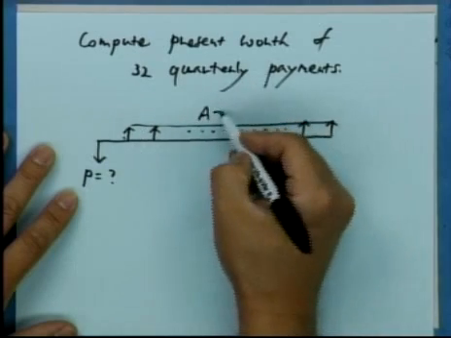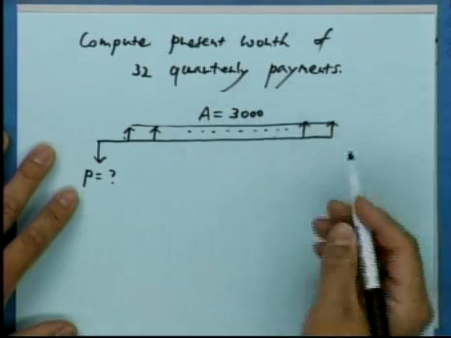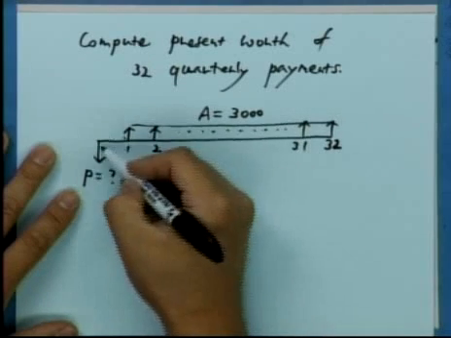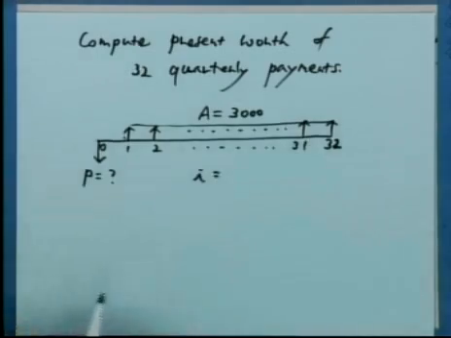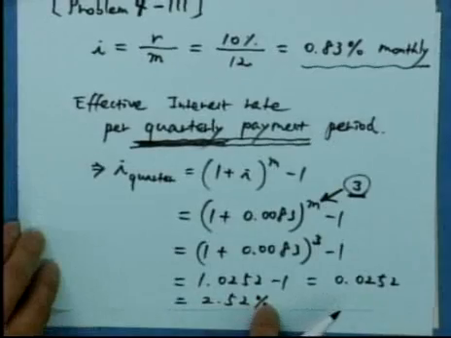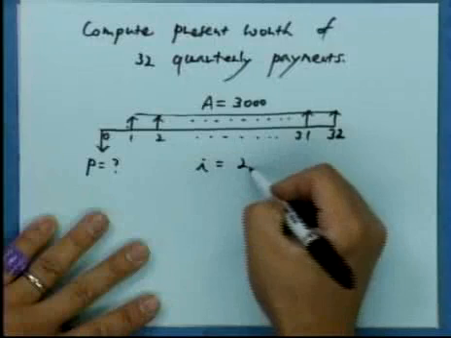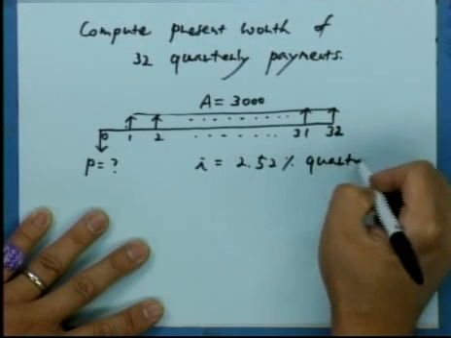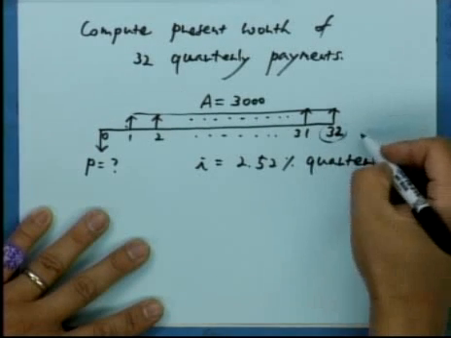Here we have a uniform series of $3,000, right? 0, 1, 2, up to 31, 32. And the interest rate is 2.52%, which we just computed, 2.52% quarterly, because these units are quarters, right?